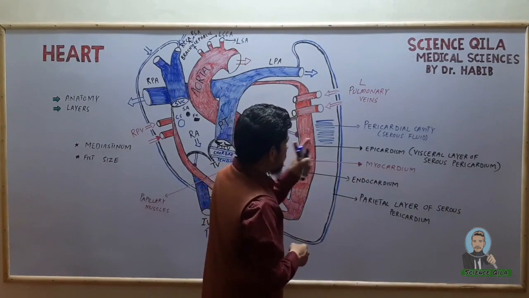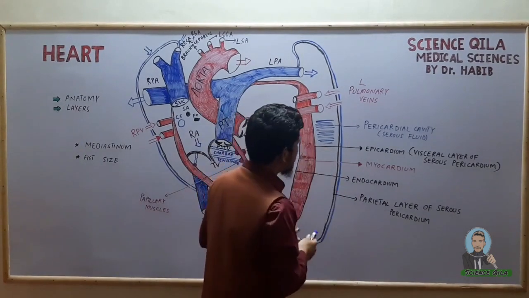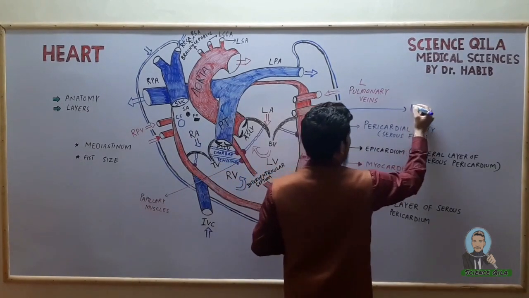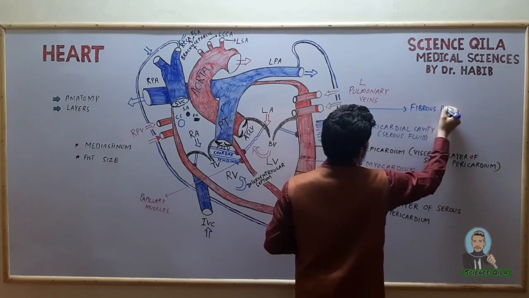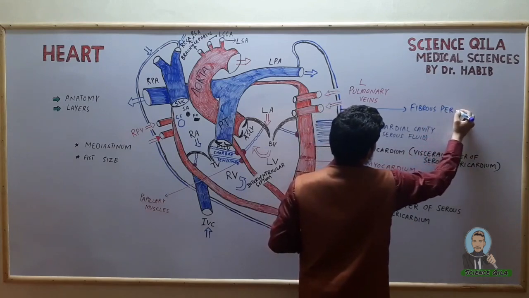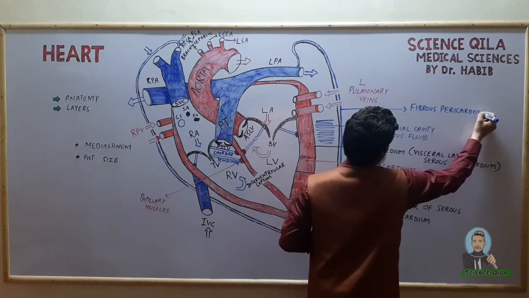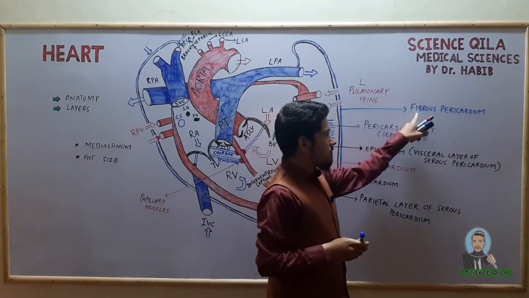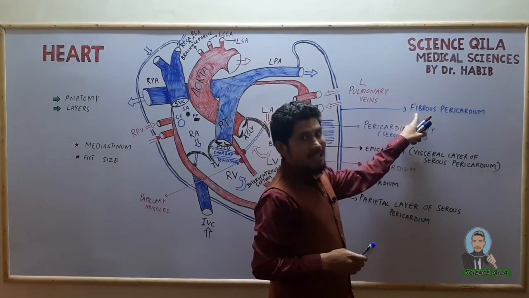Okay, the outermost layer that forms the sac of the heart is called fibrous pericardium. This is composed of fibrous connective tissue, and it is indistensible.